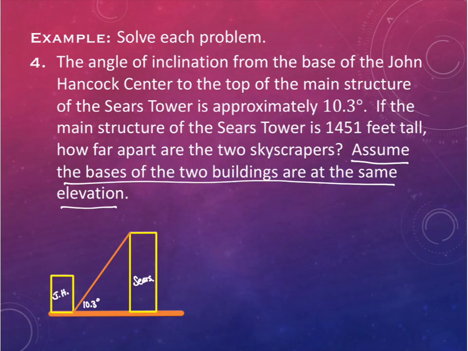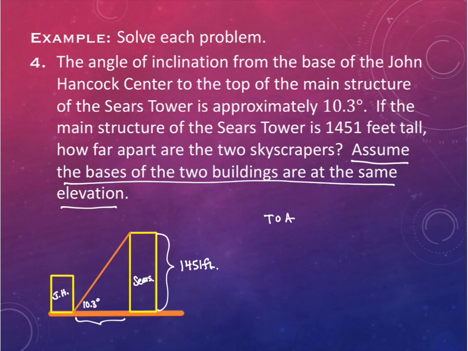So this height right here, all the way to the bottom, though I didn't mark it that way, is 1,451 feet tall. And it's wanting us to find this piece at the bottom, right? It wants to know how far the buildings are apart. So what is the trig relationship between the known quantities? It's tangent again, okay? Tangent is opposite over adjacent.